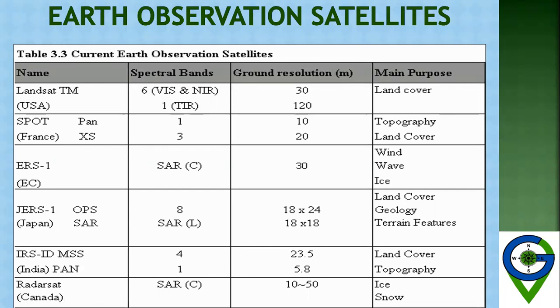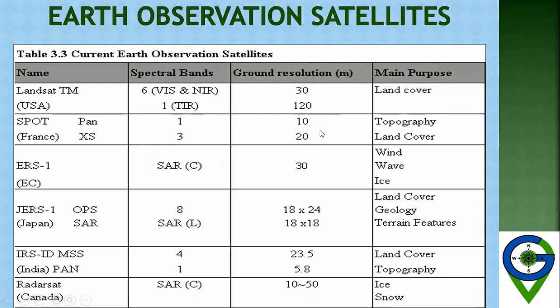So these are the current Earth observation satellites: Landsat of USA, Spot of France, ERS of Europe, JERS-1 of Japan, IRS of India, and RadarSat of Canada. So what is the main purpose? The Landsat resolution is 30 to 120 meters.